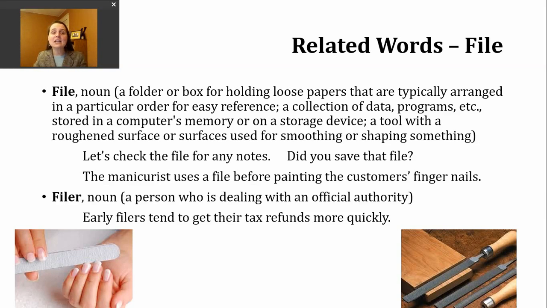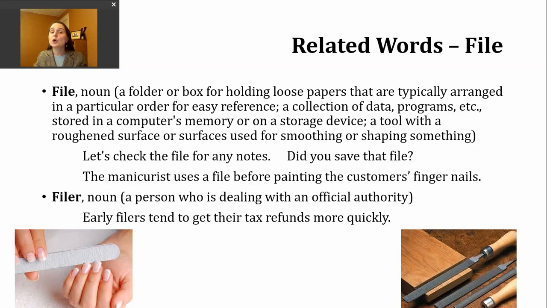But now let's take a look at some words that are related to our verb file. And the first word is just the noun form. Same spelling, same pronunciation. Just like our verb, this noun can have several different meanings.